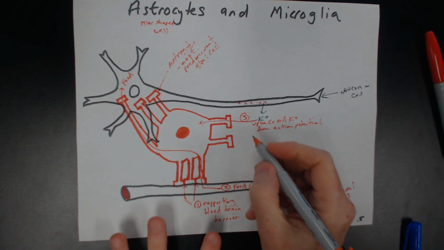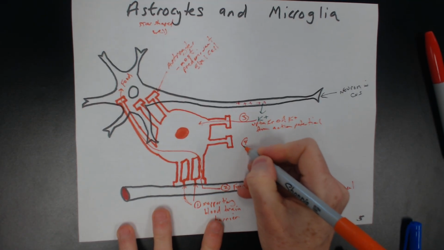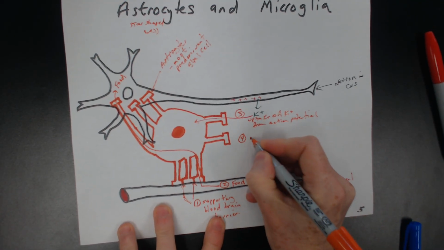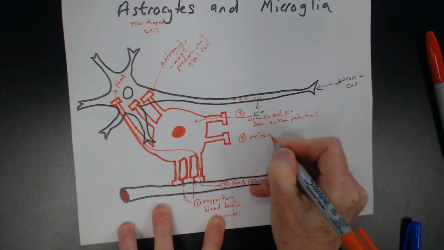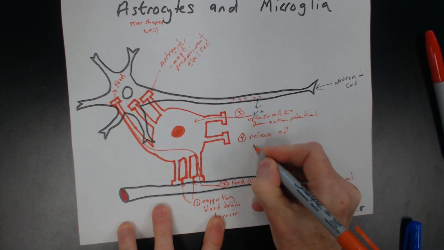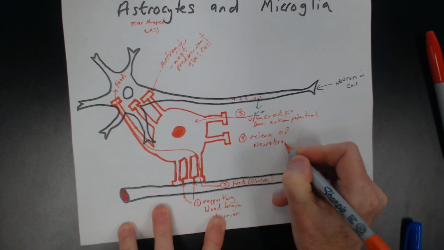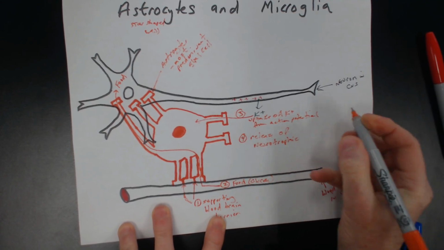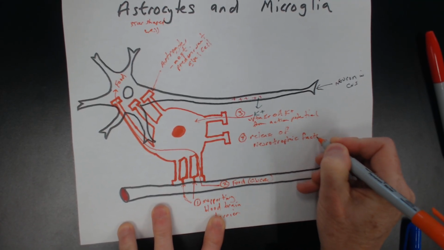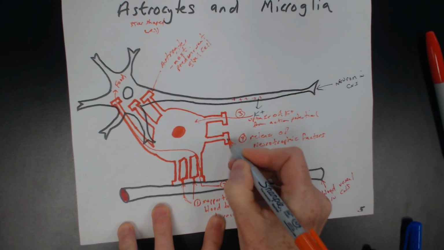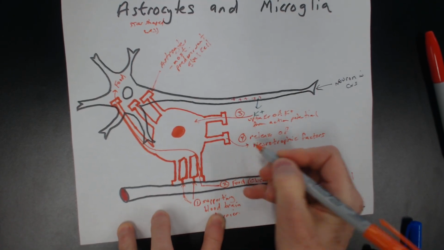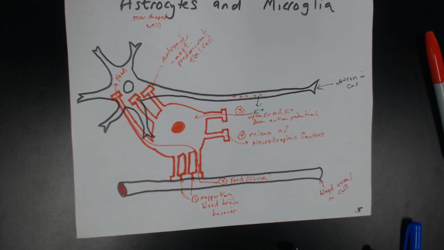Then there's one more function, and it's going to be the release of neurotrophic factors. Okay, so the astrocyte is going to help to release neurotrophic factors.